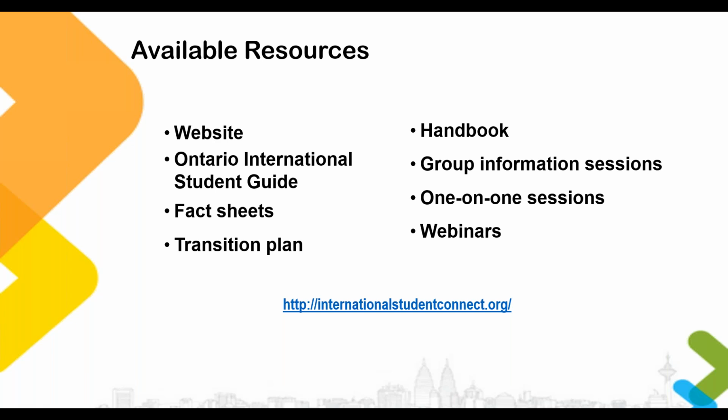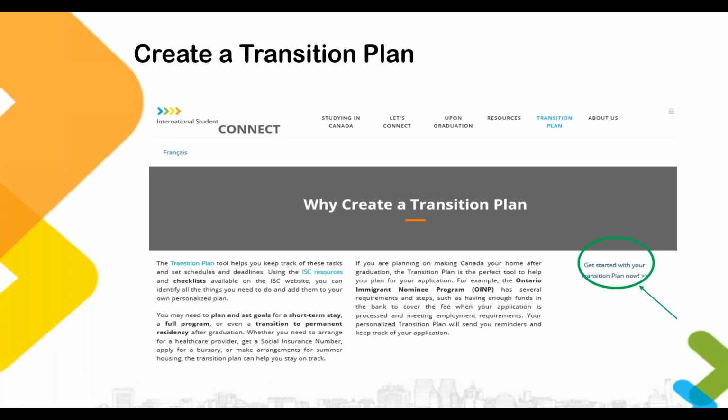We've got our fact sheets, a transition plan, handbooks, and we also have some group information sessions that you can attend if you are in one of the participating colleges or universities that are a part of this project. You may also access one-on-one sessions and the webinars as you're now doing.